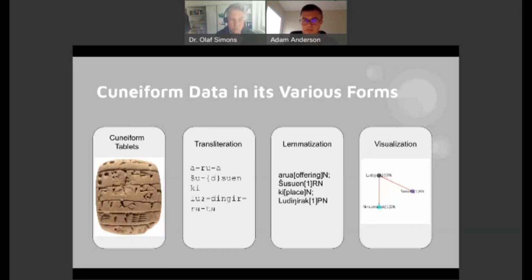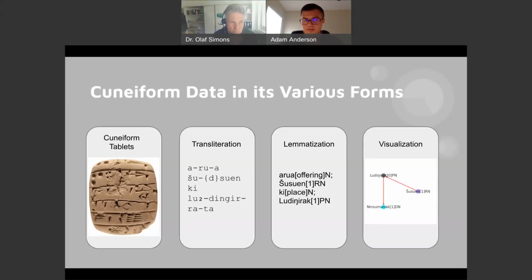So there are many different forms of data that specialists work with, the photos or the tablet itself when possible. Most Assyriologists will work in what's called transliteration, which is, rather than working with the Unicode signs, which do exist, they will make a reading of each sign. ORACC does lemmatization, where they will link together the sense of the word and a part of speech tag with each normalized form of the word.